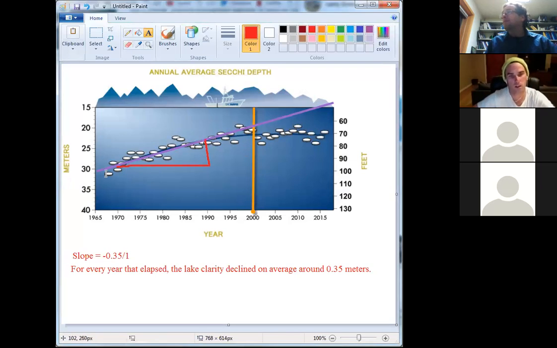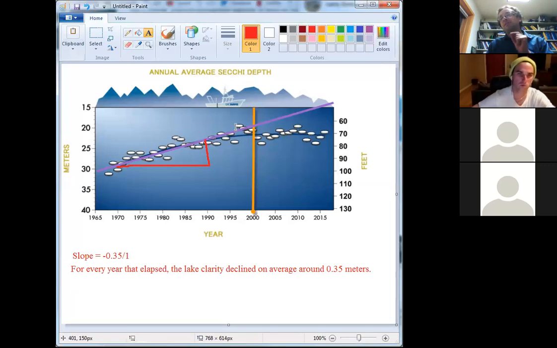It's definitely not perfect, but it's a pretty good fit, isn't it? And in fact, around 1985, clarity went up, in fact. So it goes up and down. It definitely went up and down, but there was a general trend from around 1968 to 2000 that was a declining clarity trend.